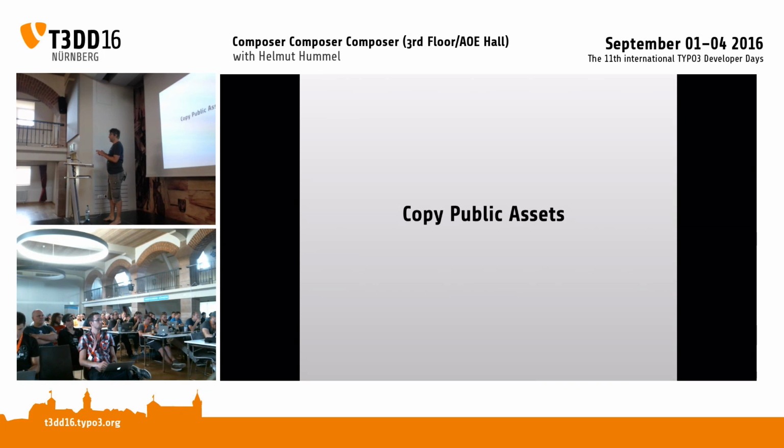But we tell TYPO3 there's also a second directory, which is the TYPO3 web directory. And in this web directory, only public assets from extensions will be. Basically, it's from extensions or system extensions, the folder Resources/Public. During build time, we just write all the files in there. Just copy them.